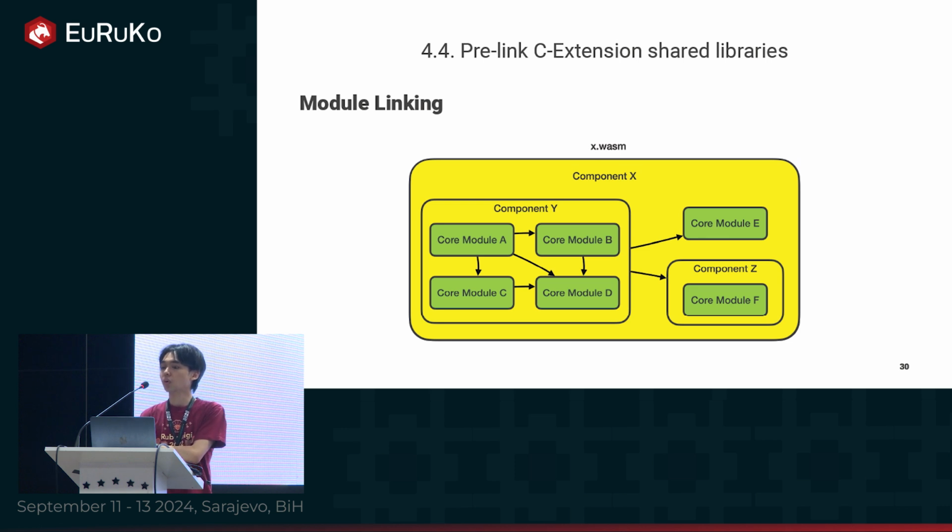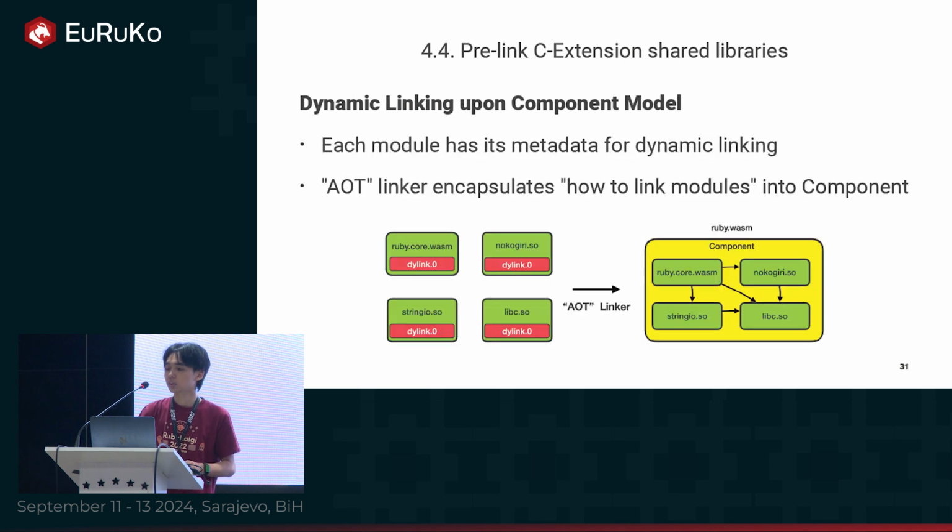Module linking is a new concept to build a program by composing multiple programs at build time. The new binary format allows embedding multiple WebAssembly modules into a single binary, and it allows describing how the modules link to each other. Based on module linking, we can build a dynamic linking mechanism on top of that.